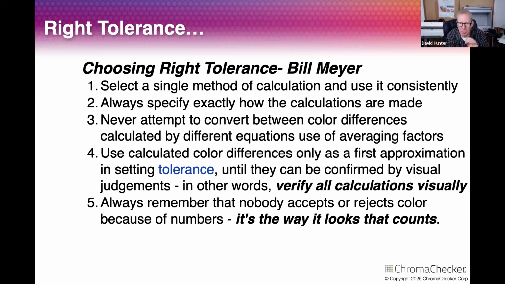Never attempt to convert between color differences calculated by different equations, so don't mix and match. Use calculated color difference only as the first approximation in setting the tolerance until they can be confirmed by visual judgments. In other words, verify all calculations visually. In other words, make a variator.